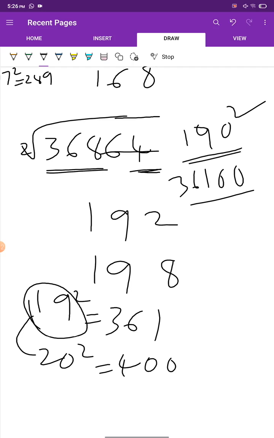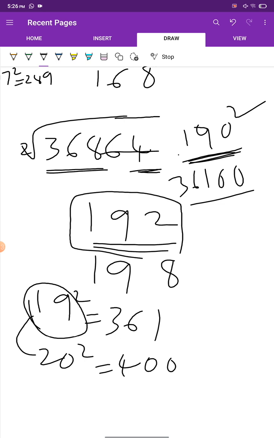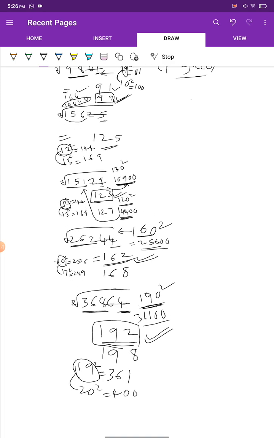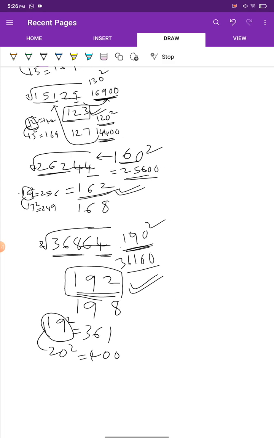So our answer could be 192, because the square of 192 is nearer to the square of 190. So our appropriate answer is 192. So the square root of 36864 is 192, our right answer. So in this way we could calculate the square root trick in 5 seconds.